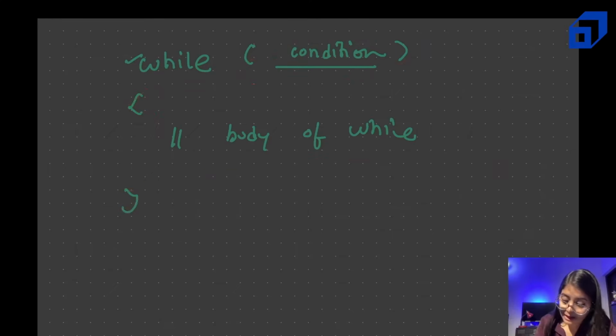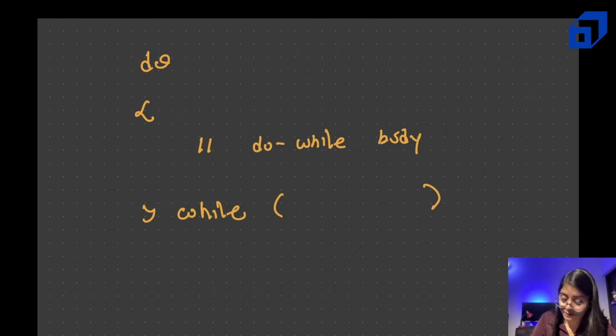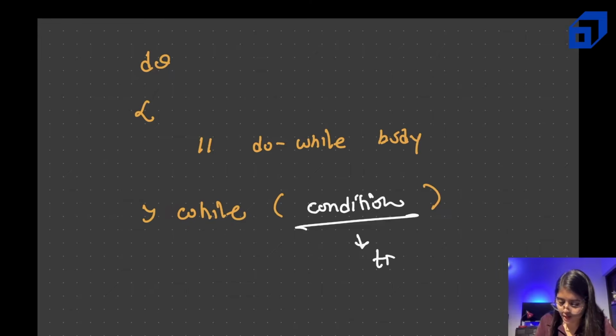Very simple. While keyword, if the condition is true here, then keep on iterating on the body of the while. And in the same way, for do while, keep doing this, keep executing whatever is written inside the do while body, while this condition is true.